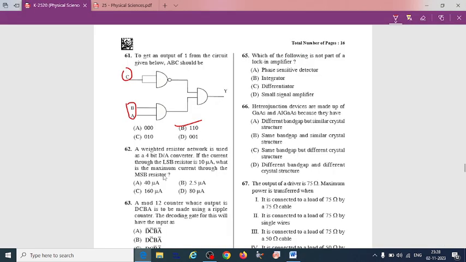So next question: a weighted resistor network is used as a 4-bit digital to analog converter. If the current through the LSB resistor is 10 microampere, what is the maximum current through the MSB? So most significant bit, MSB, that we can have here.